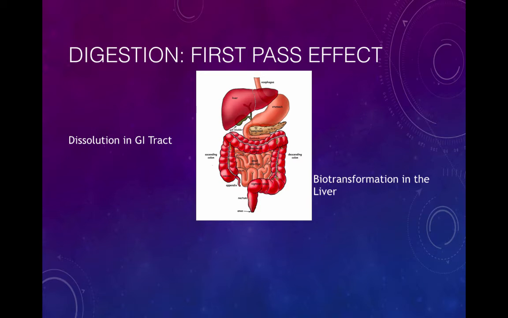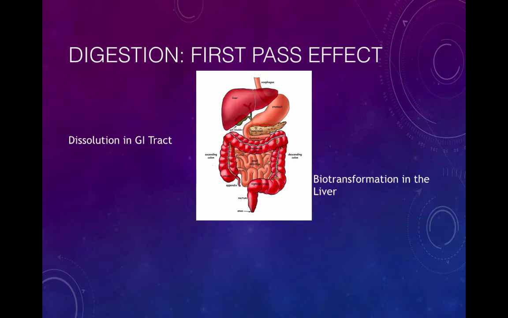When I was talking about the first pass effect, this is with oral medications. They go through the GI tract and end up in the stomach. They have to be broken down, which can be referred to as dissolution. With dissolution, the drug is broken down into a form that can be absorbed by the body. Then we have biotransformation, which occurs in the liver.